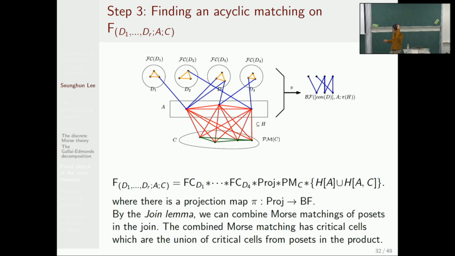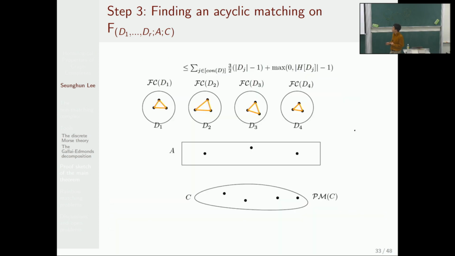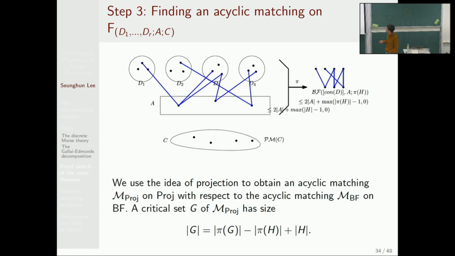To bound the size of the critical set for the whole family, we can just add all the upper bounds for the critical sets of the acyclic matching for each factor. It can be shown that for each family of vertex critical graphs, we have this upper bound, so we can sum them up.